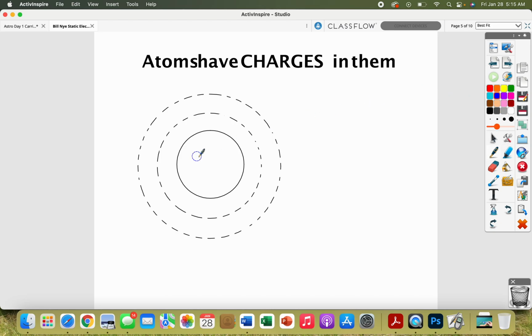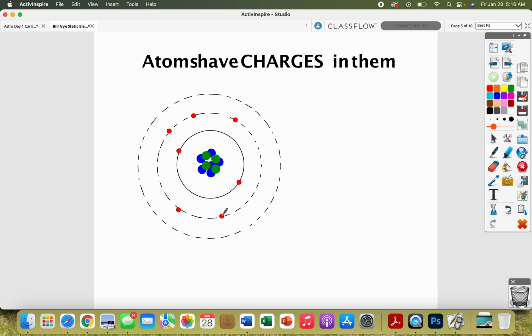We have protons and neutrons in the nucleus, and then around the atom, in orbit, we have electrons orbiting the nucleus.